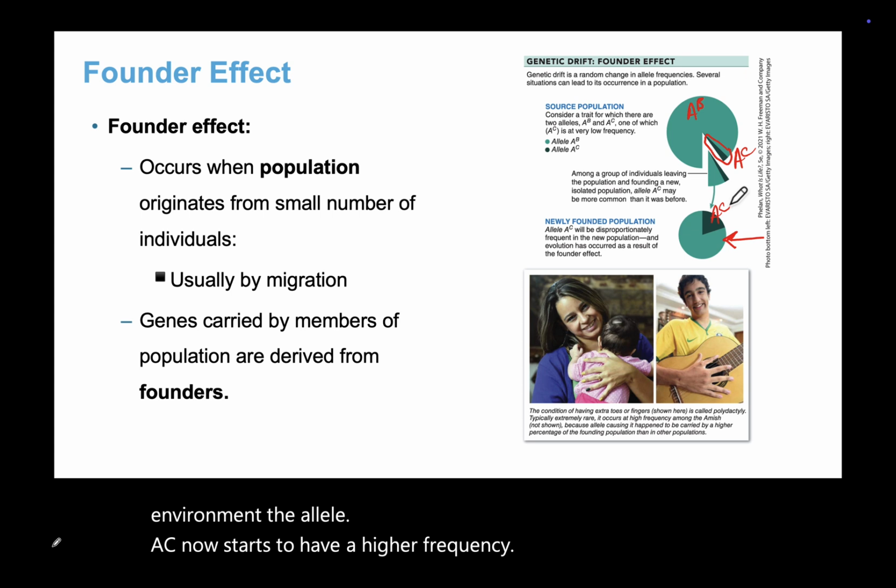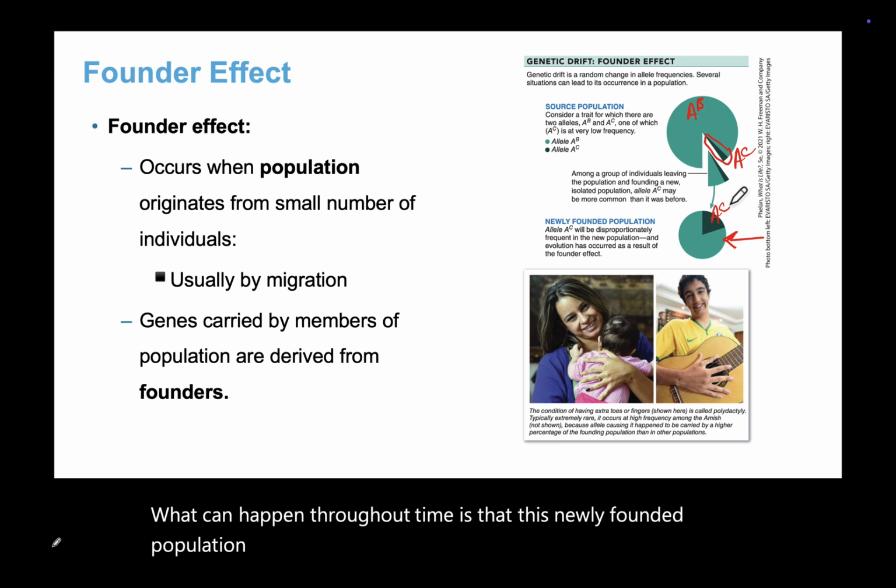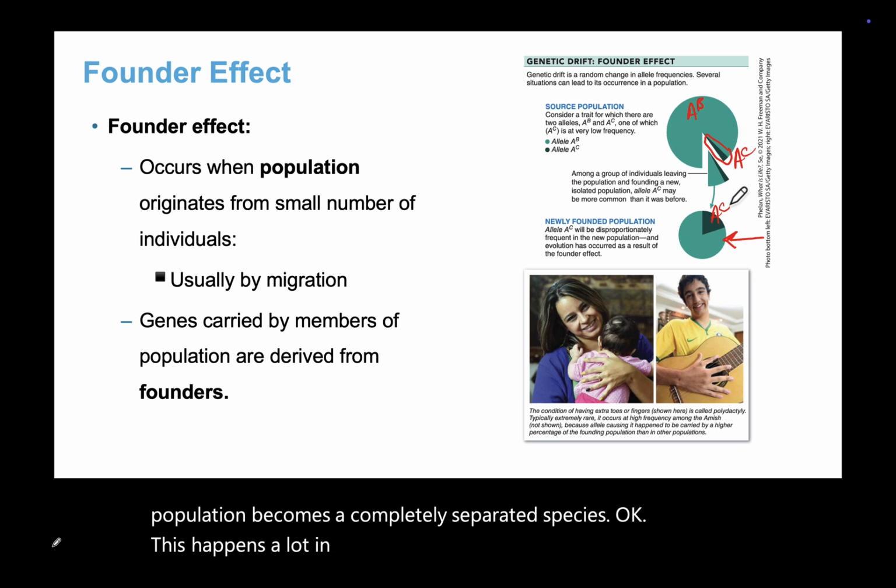What can happen throughout time is that this newly founded population becomes a completely separate species. This happens a lot in nature, that some random natural event separates two populations.